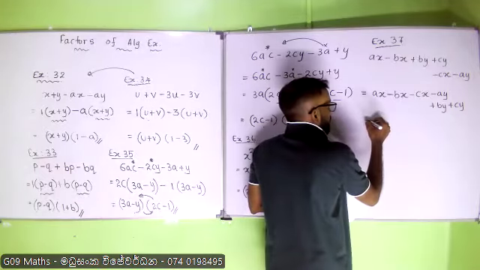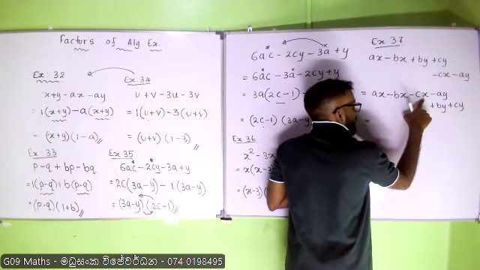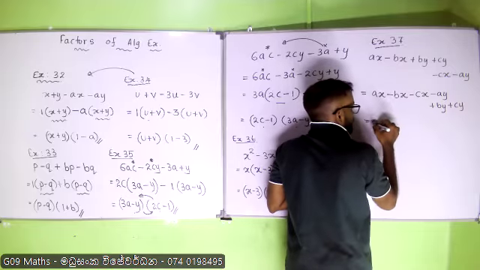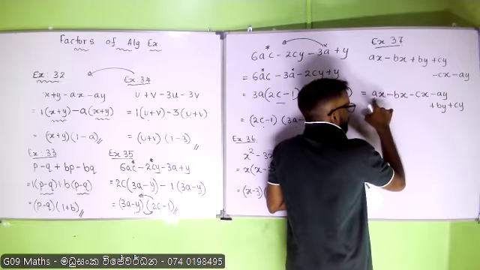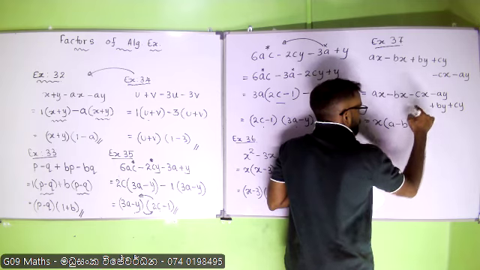Equal mark. So by considering this term and this term, I can see x is common. I am taking x out. A minus b minus c.